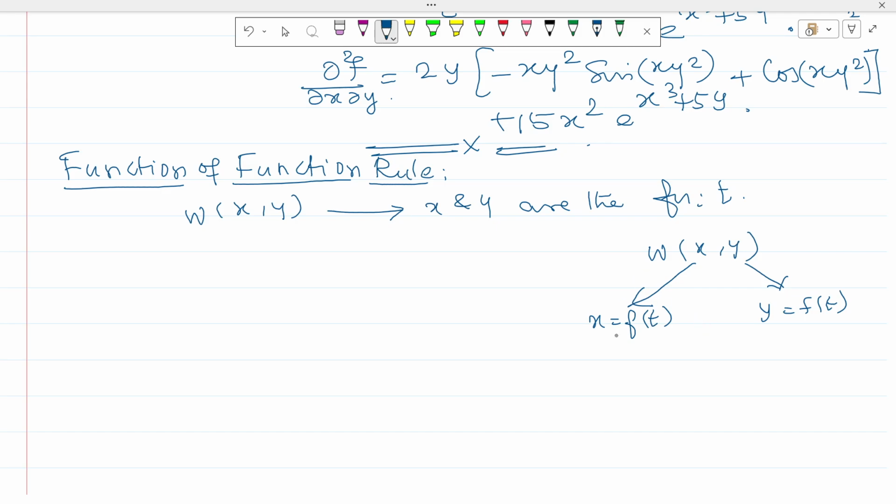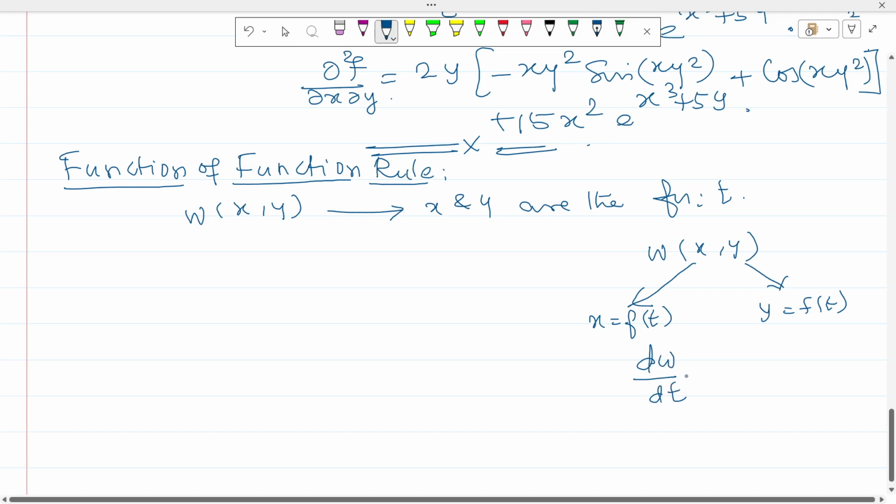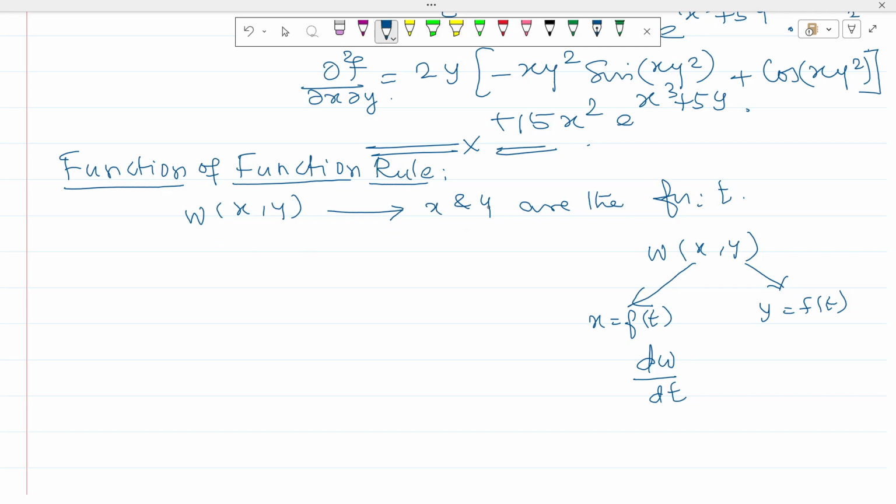But I want to find dw by dt. I want to differentiate with respect to t, but w is not the function of t. w is the function of only x and y. x and y is the function of t. So you have to differentiate.